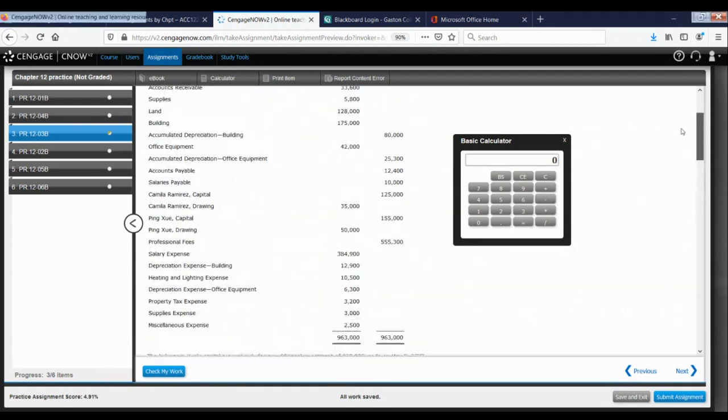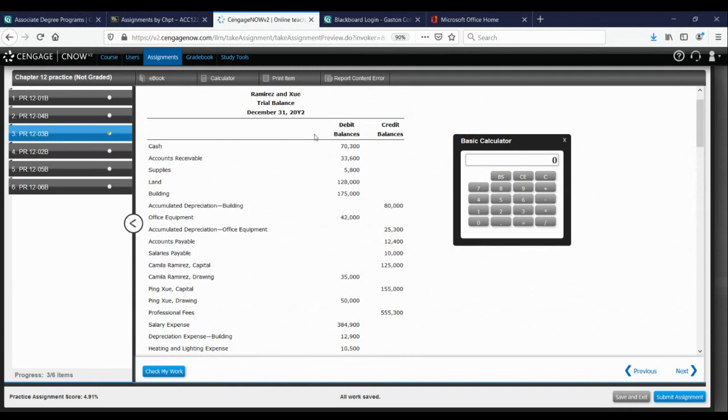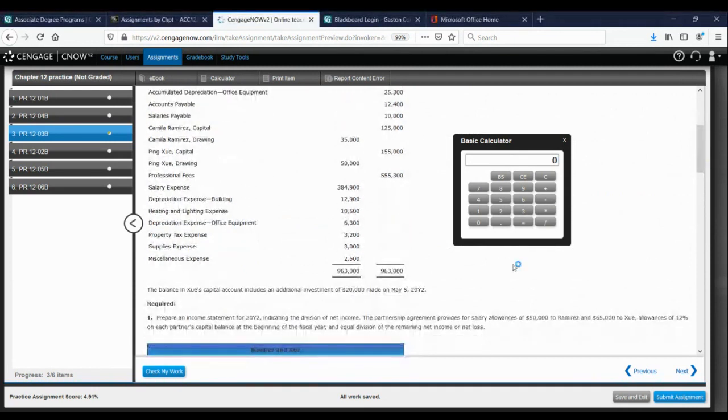And again, we have to remember that this was done at the end of the period. And since there was an additional investment that was made by you on May the 5th, we want to back this $20,000 out to find the beginning capital for you.